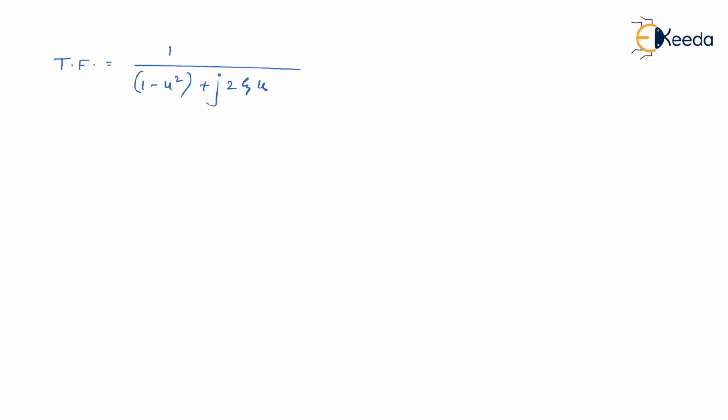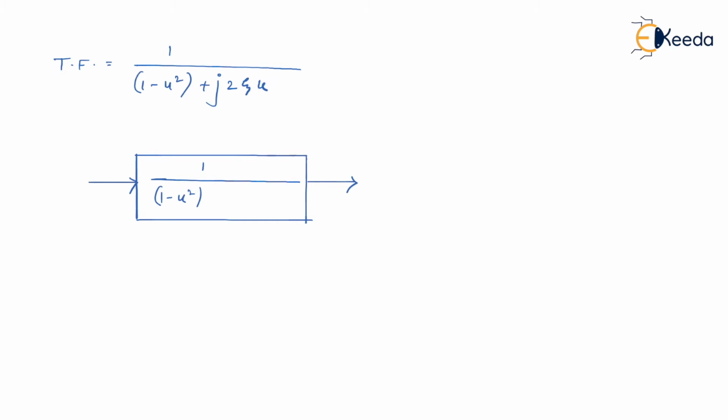So now this is my complete transfer function, and I can treat this as one block, a block having transfer function 1 over 1 minus u square plus j 2 zeta u. Now let me assume my input is, let's say, sine omega t.